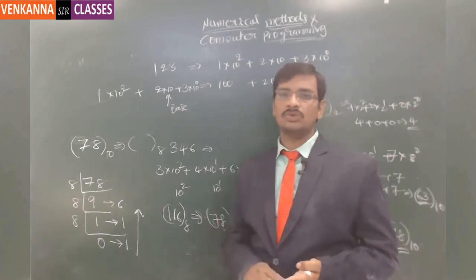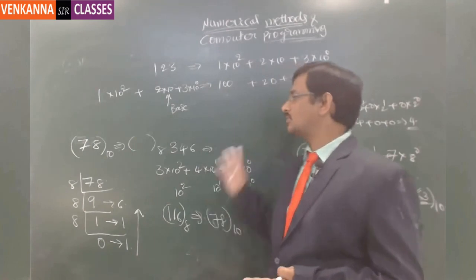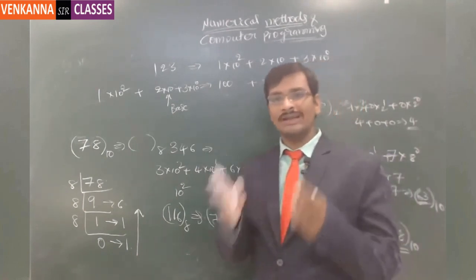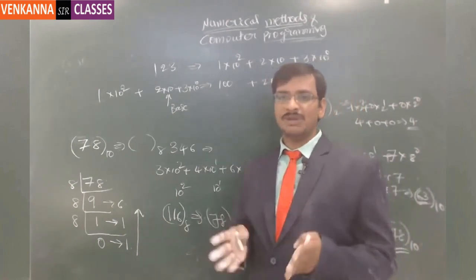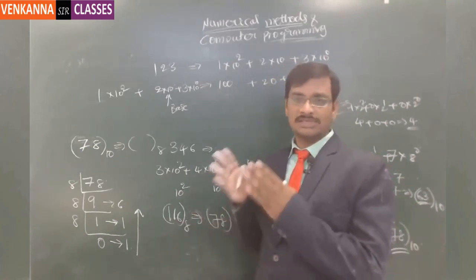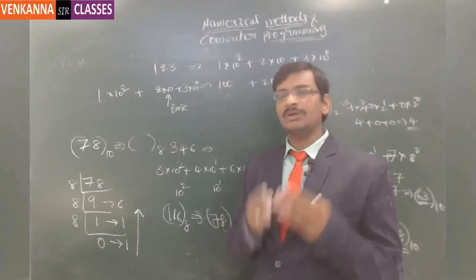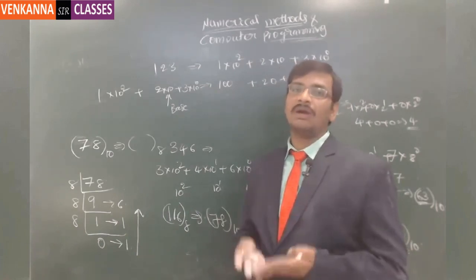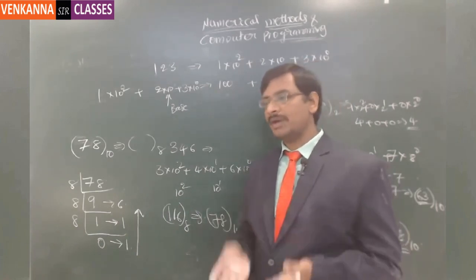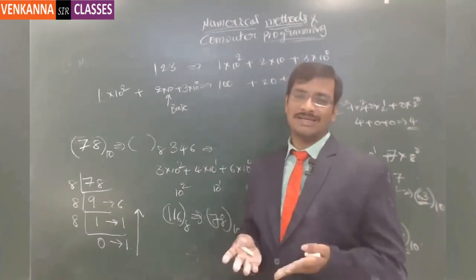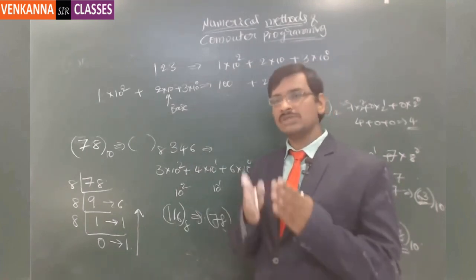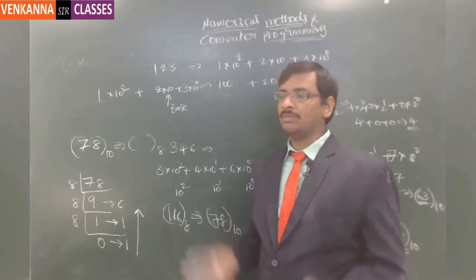And you understood how to write the numbers. If it is a decimal number system, this is how you write it. The same methodology we make use of to write any number system, whether it may be octal, binary or hexadecimal.